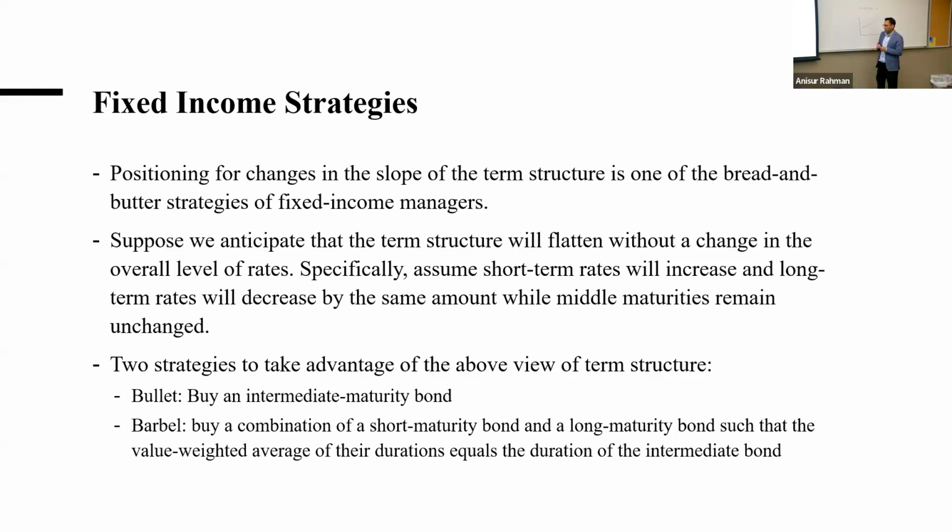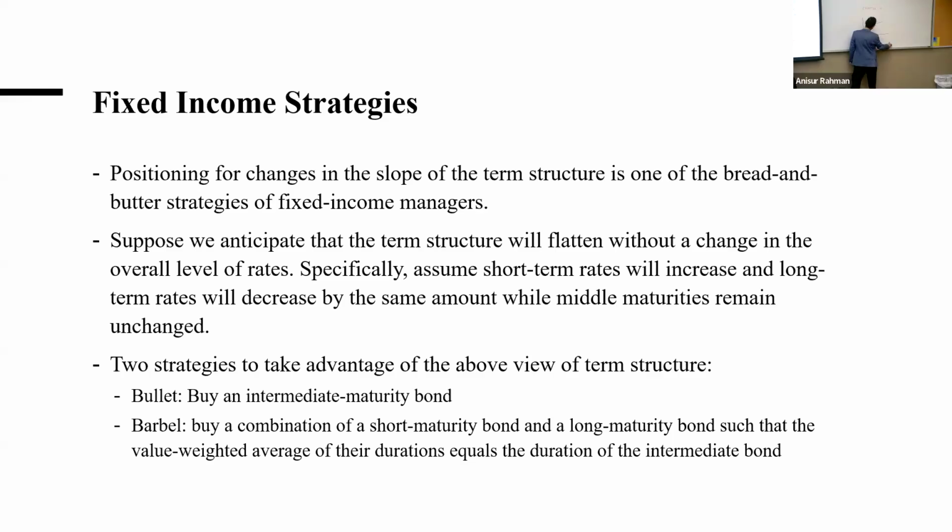Now here they're saying specifically short-term rates will increase. So it will not increase this way, rather short-term rates will increase and long-term rates will decrease by the same amount.